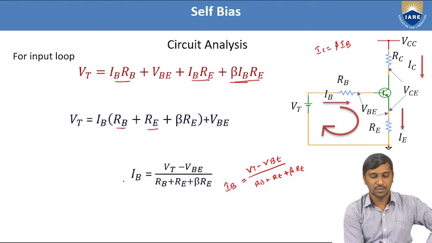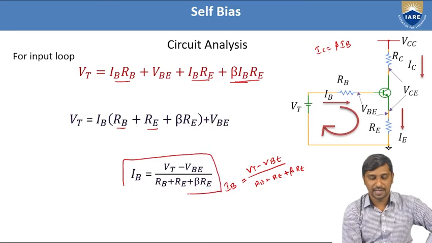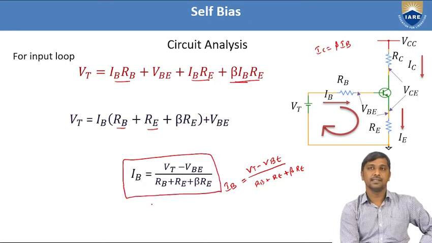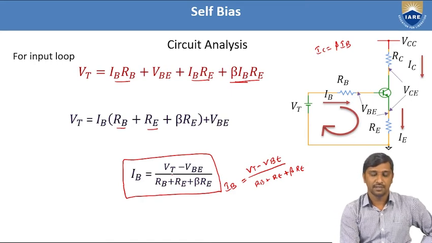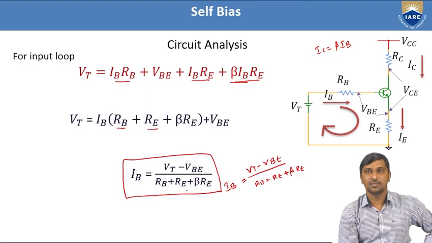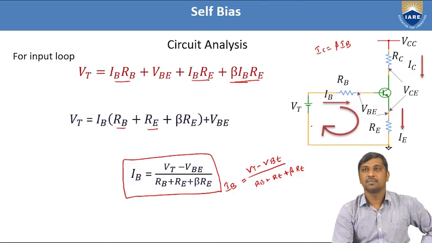Hence, we observe the base current is represented as the ratio of the potential difference between Thevenin's voltage and VBE to RB plus RE plus beta times RE. So we observe how much base current flows with respect to this biasing method.